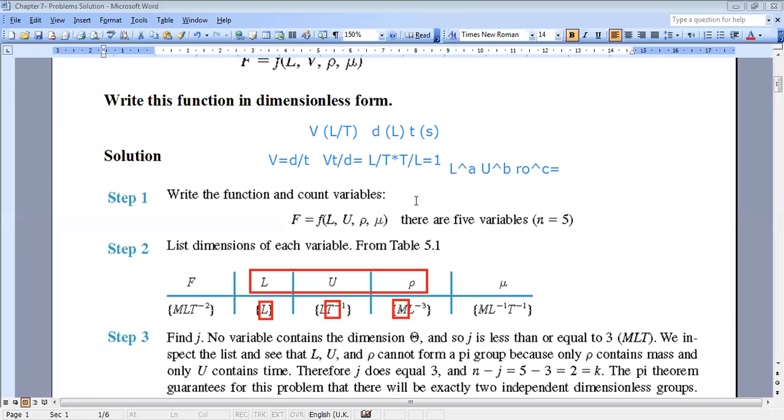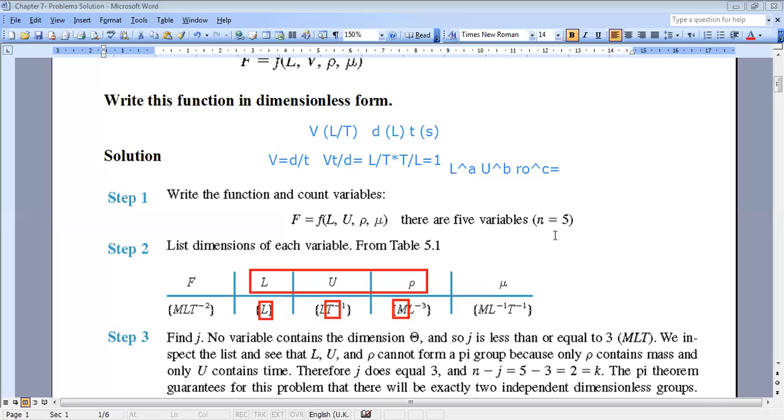Okay, it consists first of listing the variables and finding their number. So here we first started by counting the variables. We have in total 5 variables. Now the next step is to determine how many groups I can form.